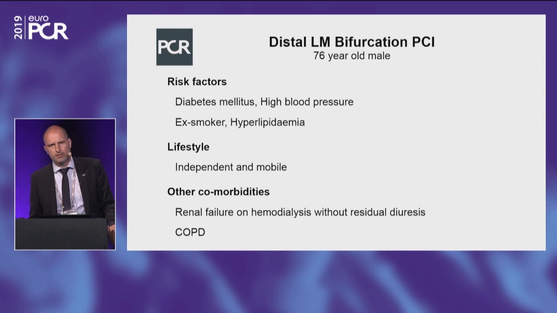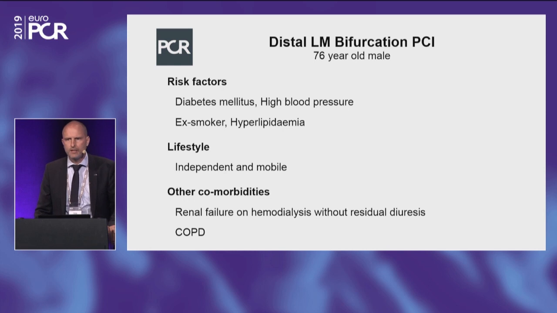It's a diabetic patient, with high blood pressure, ex-smoker, and dyslipidemia. He has nothing significant in terms of lifestyle, and as other comorbidities, he has two very significant comorbidities. The first one is renal failure on hemodialysis without residual diuresis, and he also has COPD.